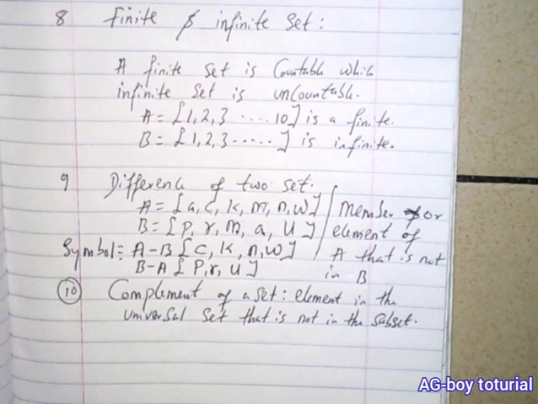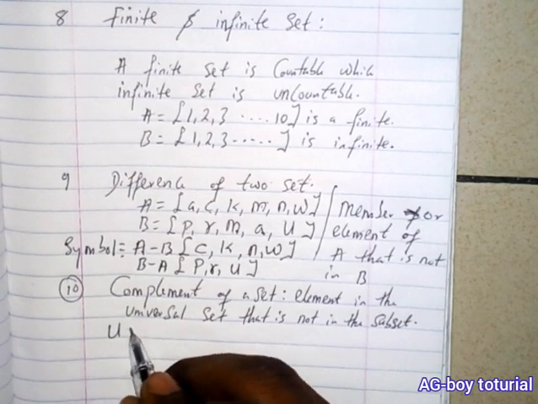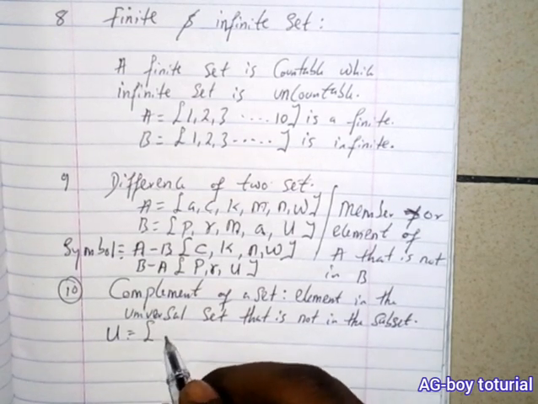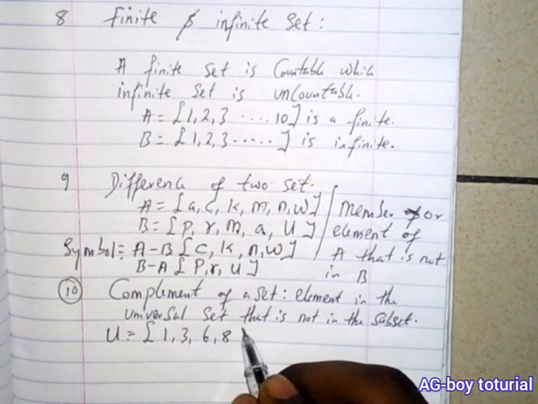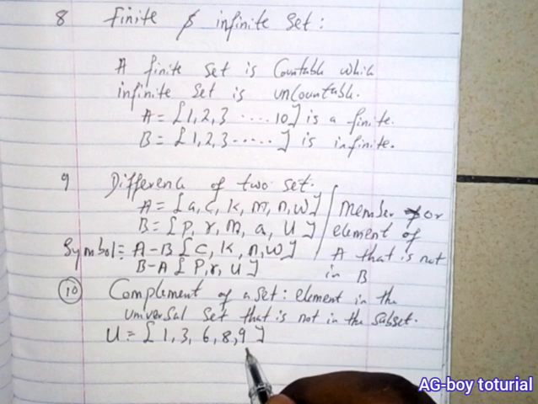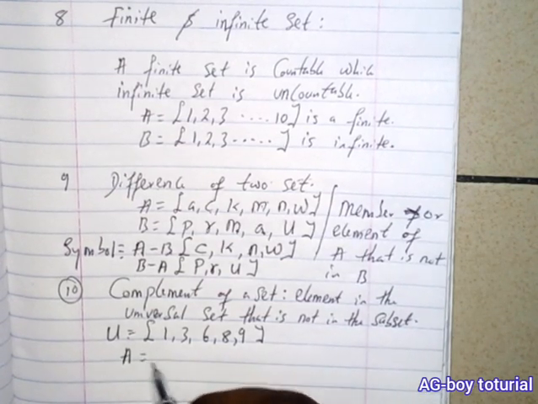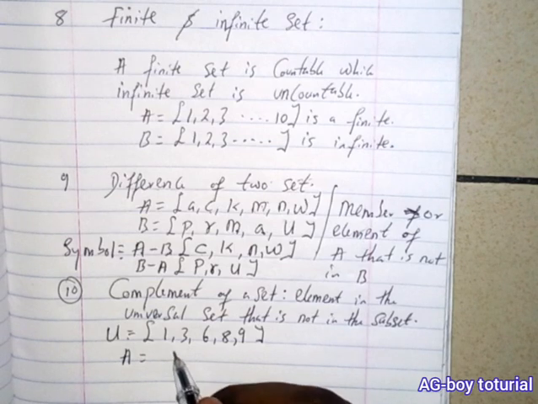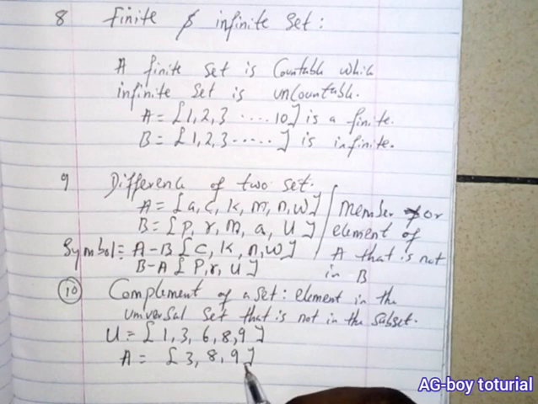So let's say we have a universal set {1, 3, 6, 8, 9}, for instance, and A, which is a subset of the universal, is {3, 8, 9}.